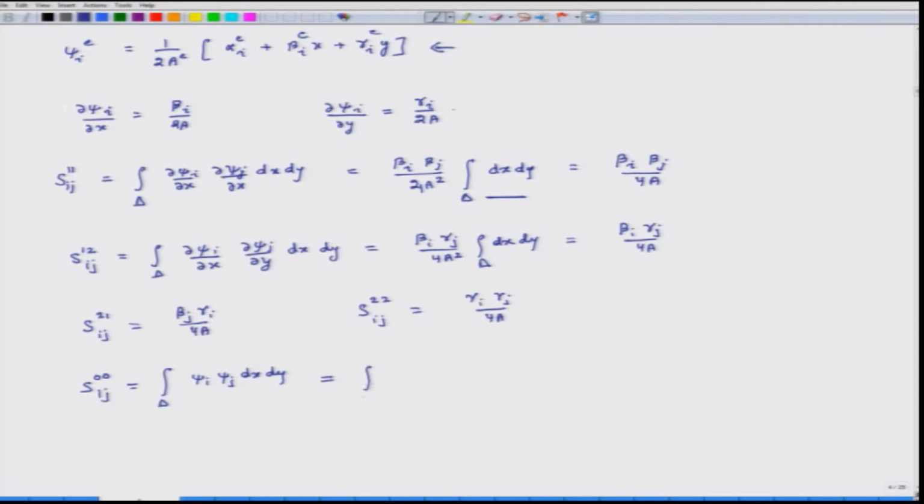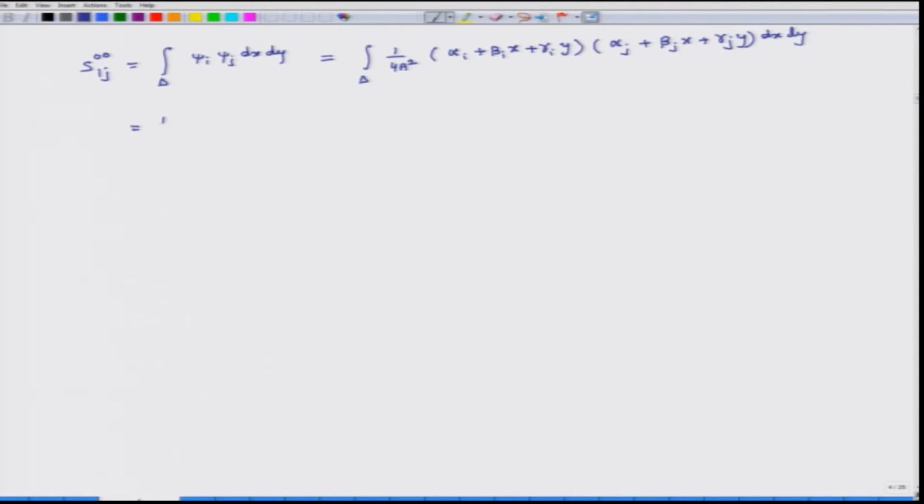So, this is 1 over 4A square, times alpha I plus beta I x plus gamma I y, times alpha j plus beta j x plus gamma j y, dx dy.